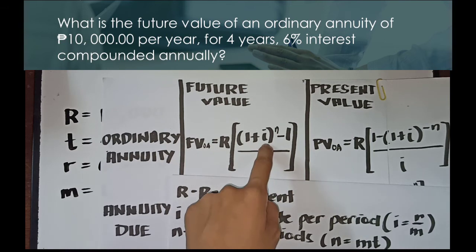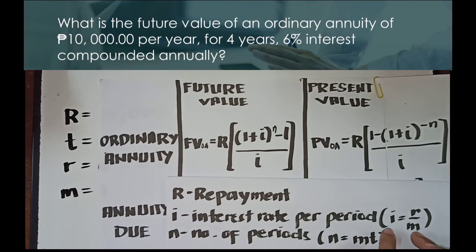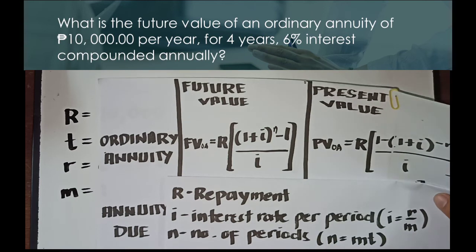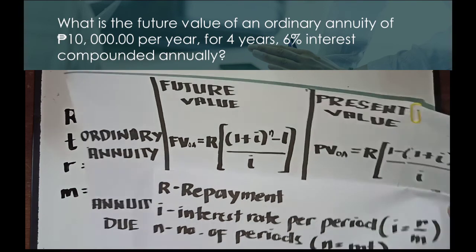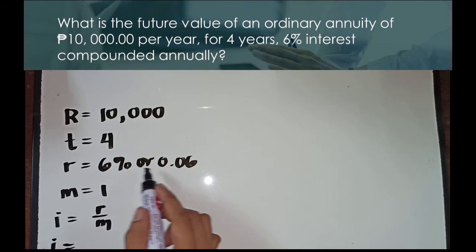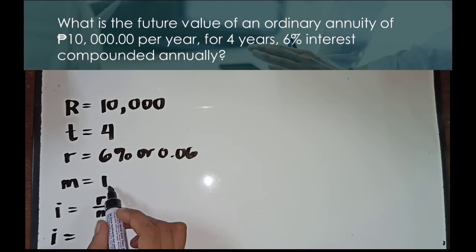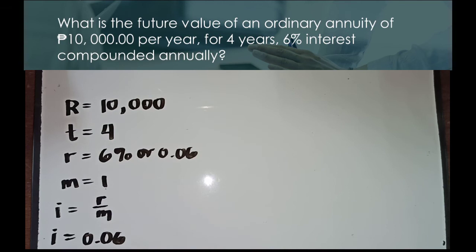Wala pa tayong value ni I, and wala pa rin tayong value ni N. Again, to solve for I is equal to R over M, and to solve for N, M multiplied by T. So I is equal to, the value of our R is 0.06 and the value of our M is 1. So 0.06 divided by 1 is 0.06. So this is your value of I.